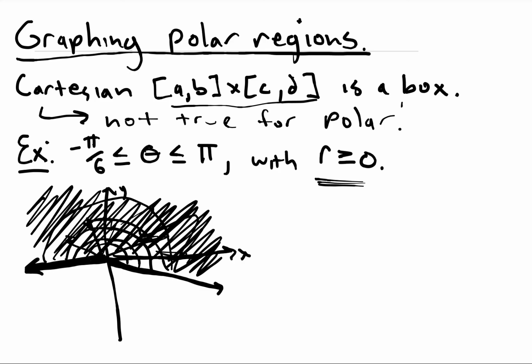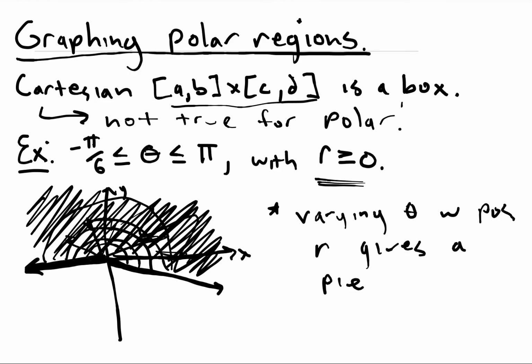Now, some comments here. I'll go ahead and note that varying your theta with your positive r is going to basically give you one of these pie slices. This is a pretty hefty pie slice, by the way. Another comment I'm going to make: I told you guys the best practice for these points is to try not to use negative values for theta or for r.